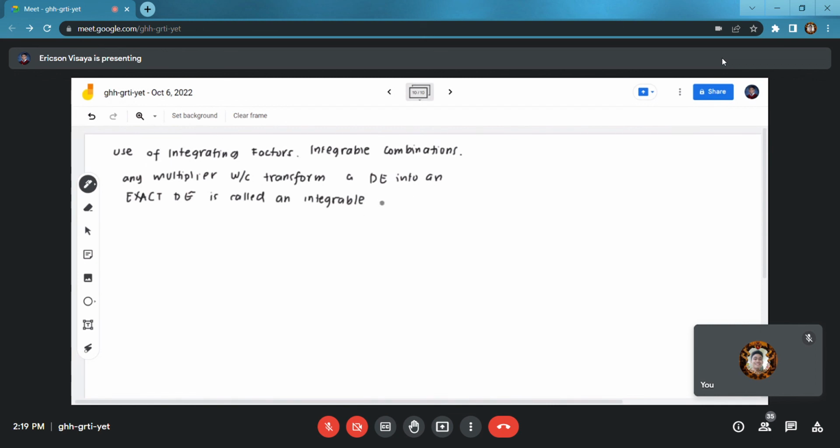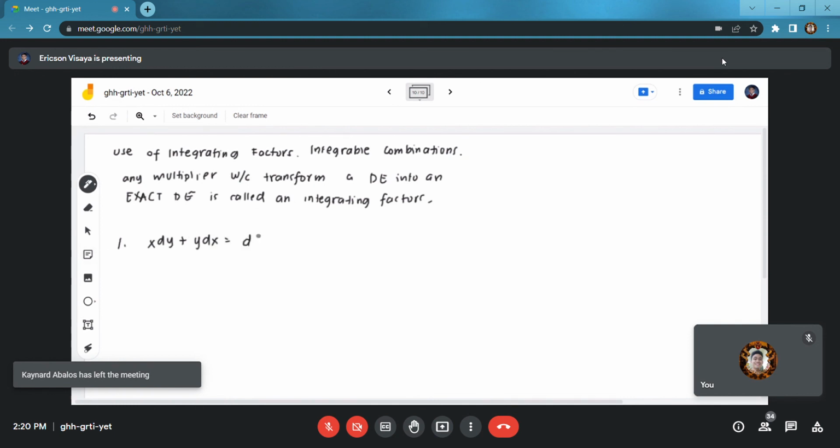Observe first if you have something that can be reduced to the form of integrating factors. What are our integrating factors? For example, formula 1: x dy plus y dx. That's just the product rule, the derivative of xy.